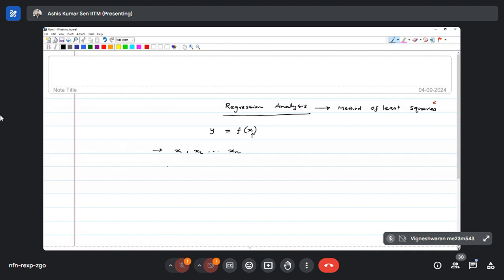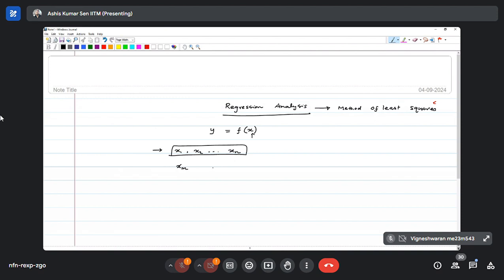Now, if you want to find the sum of squares of the deviation from the mean value, so we know that the mean value is the best estimate of this data set.